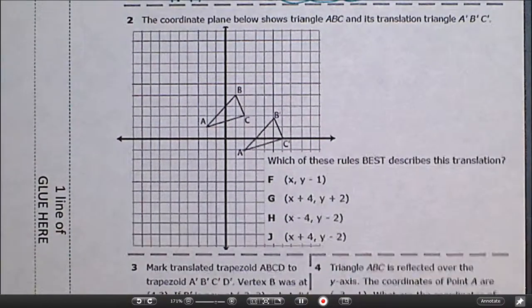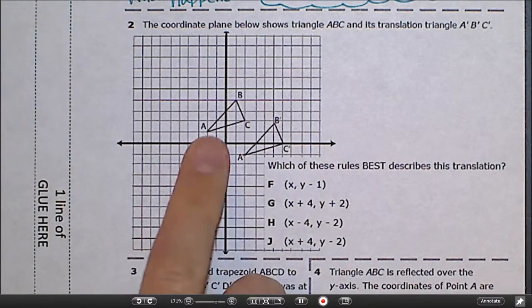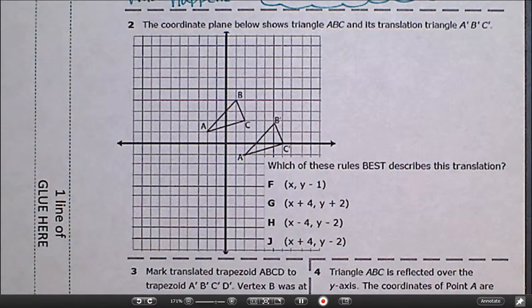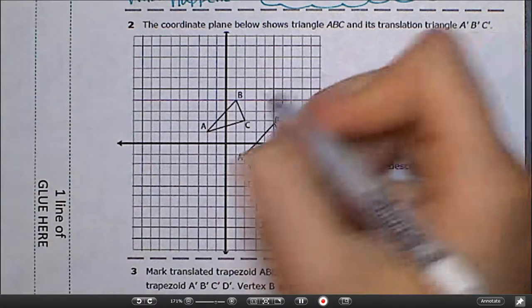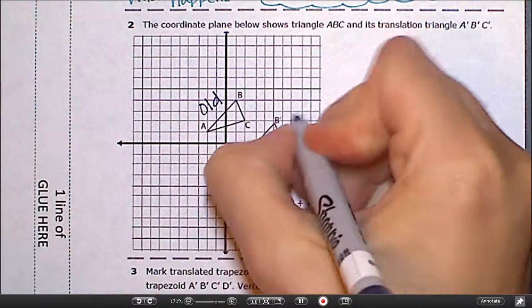Number 2 says the coordinate plane below shows triangle ABC and its translation A prime, B prime, C prime. So here's ABC and here's A prime, B prime, C prime. If it's hard for you to tell which is which, you can label this as the old and this as the new.